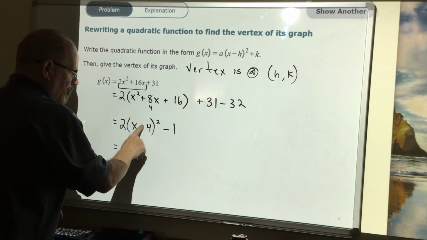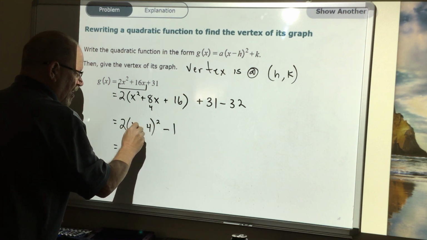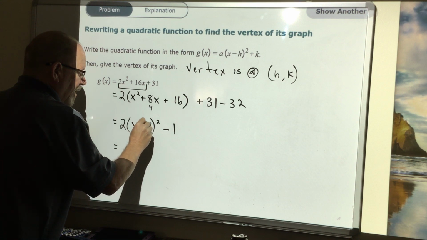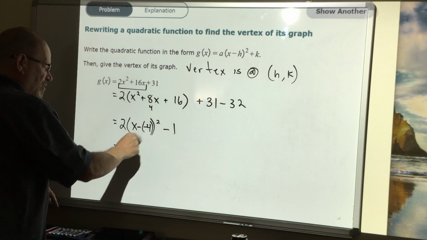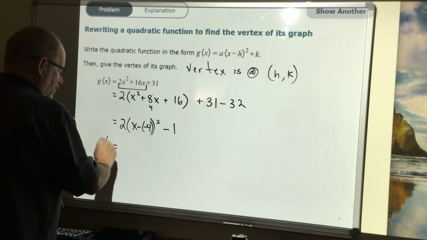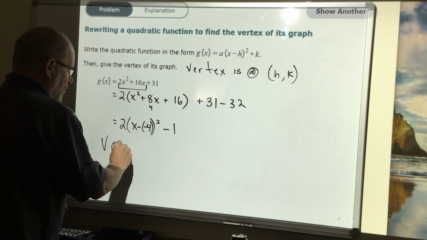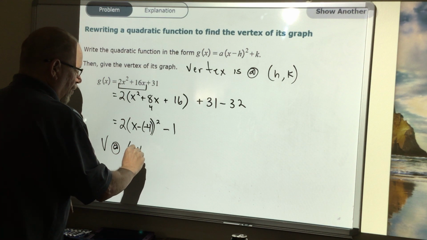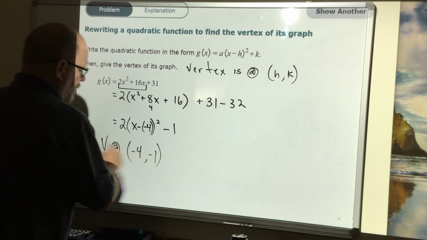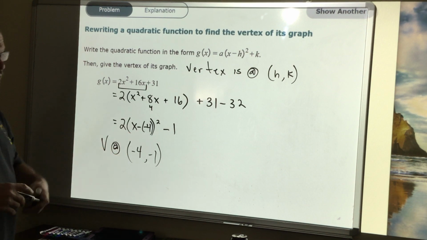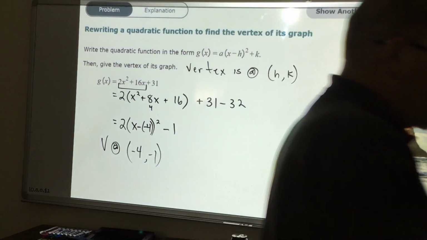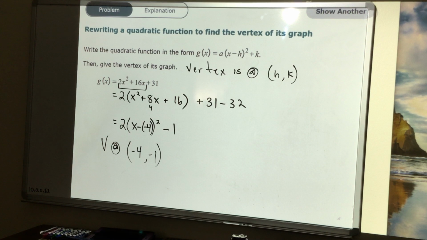We could change this and say minus negative 4, right? H is negative 4. So the vertex is at point negative 4, negative 1. That's where the vertex of this parabola is. Okay? So that was rewriting a quadratic.